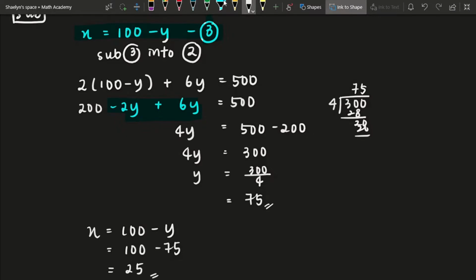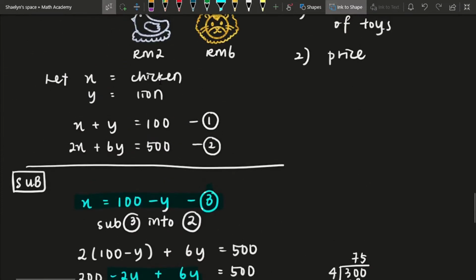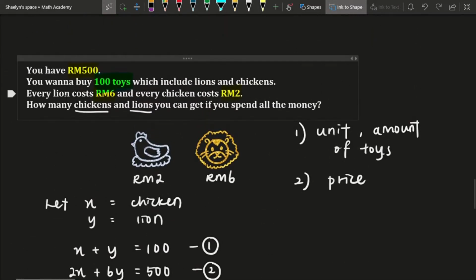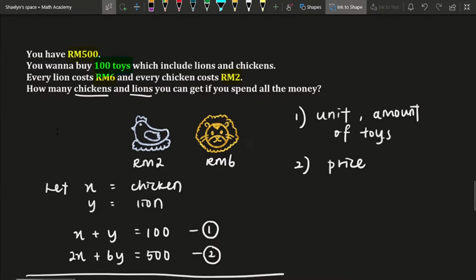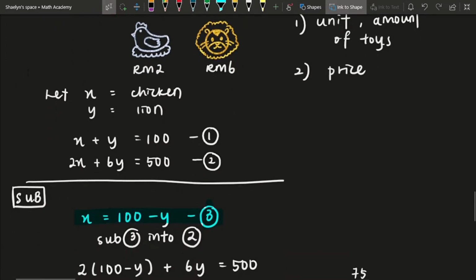Because this is an application question, which they give you chickens and lions, they didn't ask you what is the number of x or y because it is not stated in the question. So you still have to go back to this. Yes, you have to go back to this. x equals to chicken, y equals to lion, because the teacher doesn't know that you are actually referring to this.